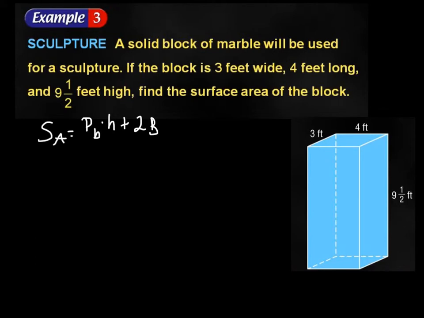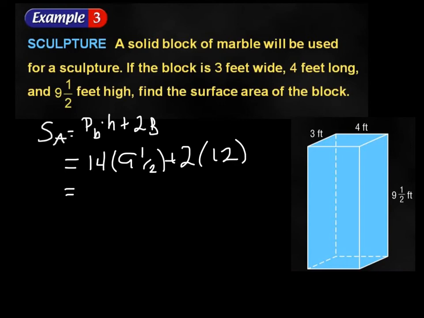So the perimeter of the base, 3 plus 4 plus 3 plus 4, is 14, times my height, 9.5, plus 2 times the area of my base, 3 times 4 is 12. If we add 133 and 24, we get a total surface area of 157, and it was in feet.